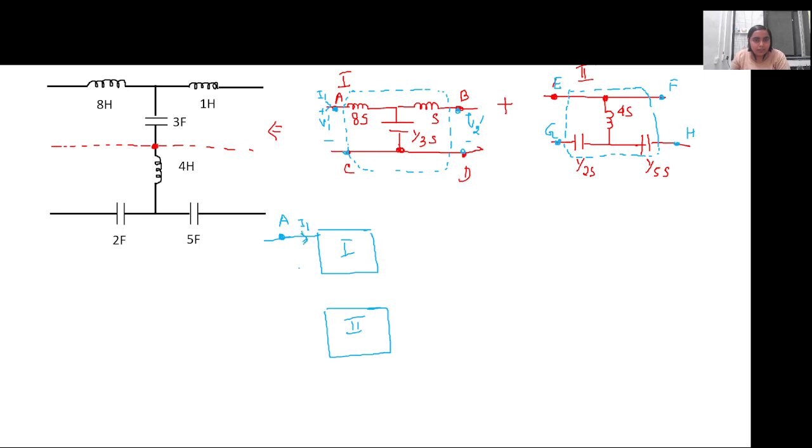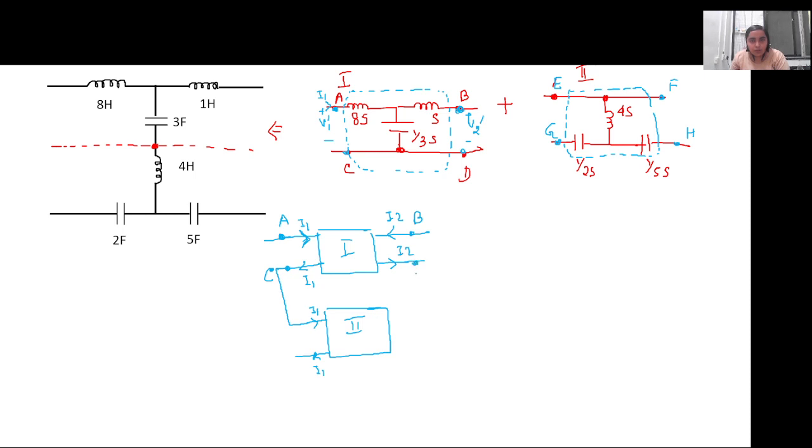In a two-port network, the current entering the input side also comes out, so this is C. For series connection, this I1 current should also flow through network 2, and this I1 current flows out. On the output side, this is B, and I2 current is going in and I2 current is coming out.